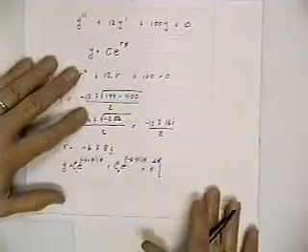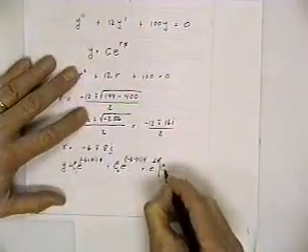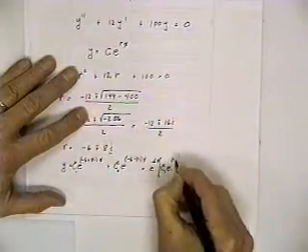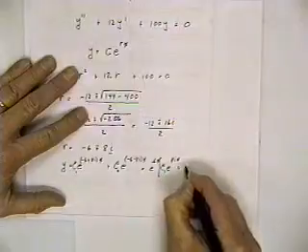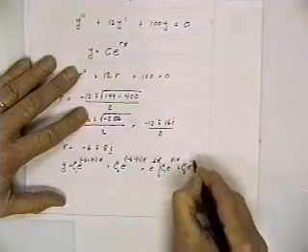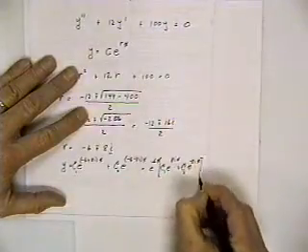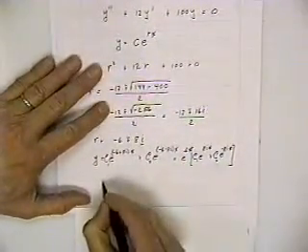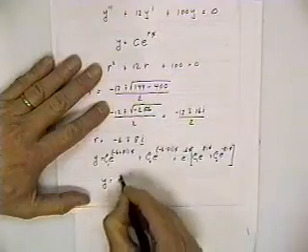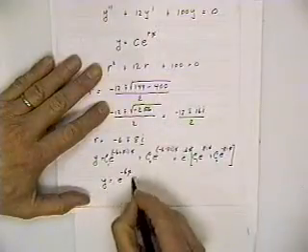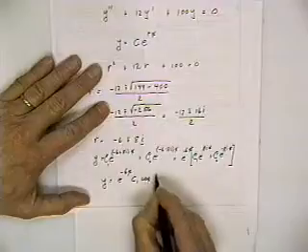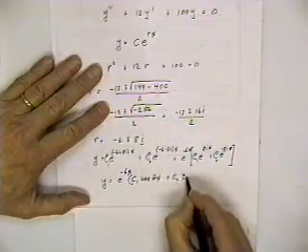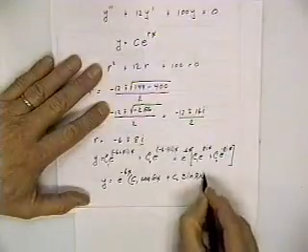Well, maybe it will. e to the minus 6x times c1 e to the 8ix plus c2 e to the minus 8ix. Once I get to that point, then I can write that y is equal to e to the minus 6x times c1 cosine 8x plus c2 times the sine of 8x.